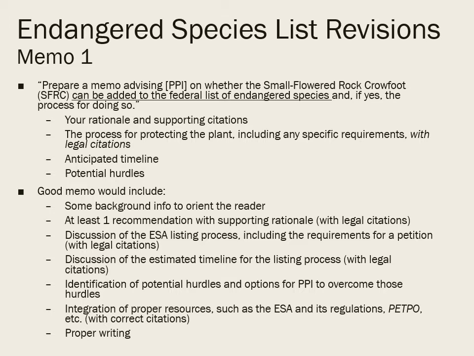Third, whether or not listing the small-flowered rock crowfoot is possible, the memo did have to address the listing process, including specific requirements for any petition and the estimated timeline, again with citations. Fourth, the memo should have included a discussion of at least one, but definitely could be more, potential hurdles and how to overcome them.